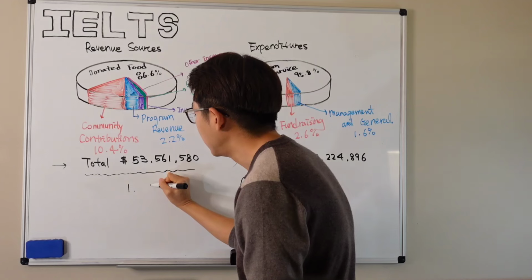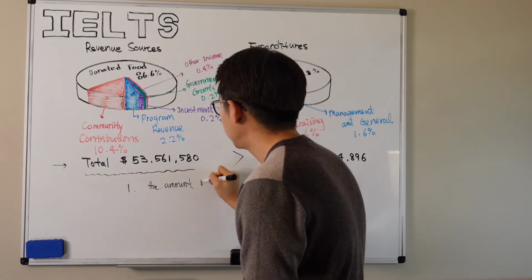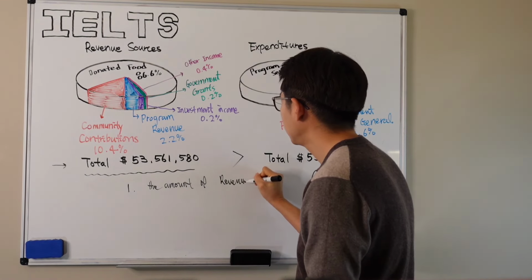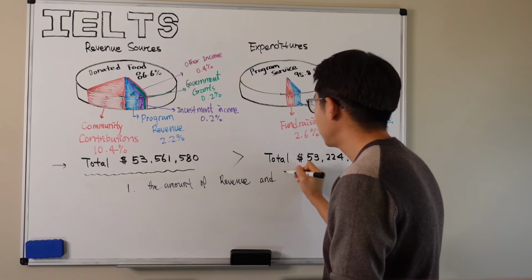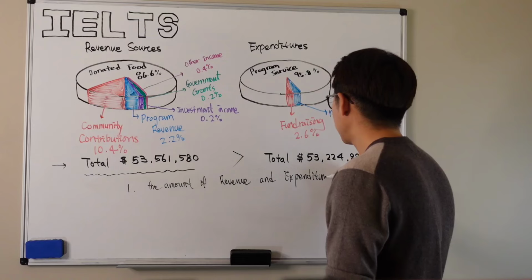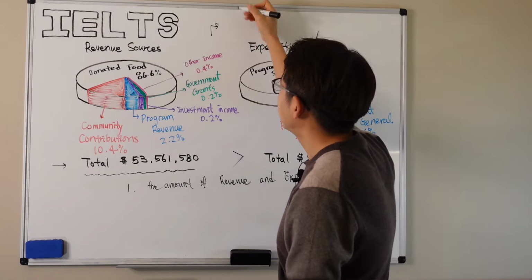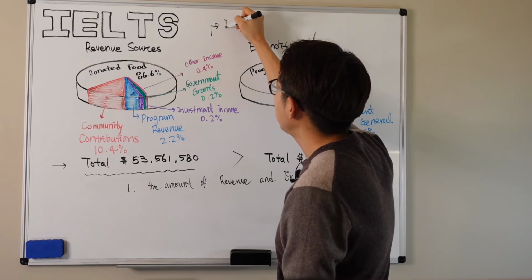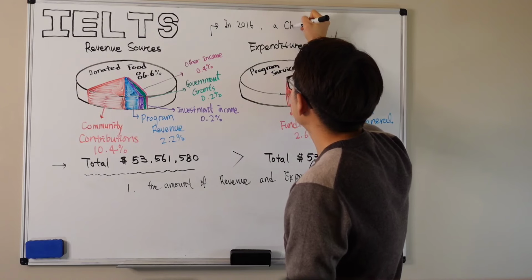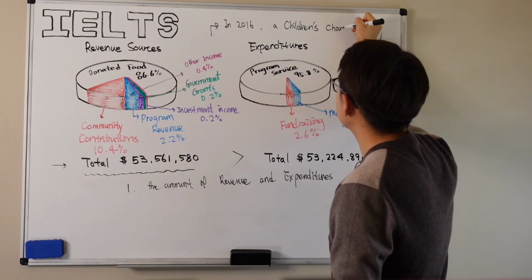So we can talk about the graph shows the amount of revenue and expenditures. And we also have to talk about that this is for the year 2016 for a children's charity organization.